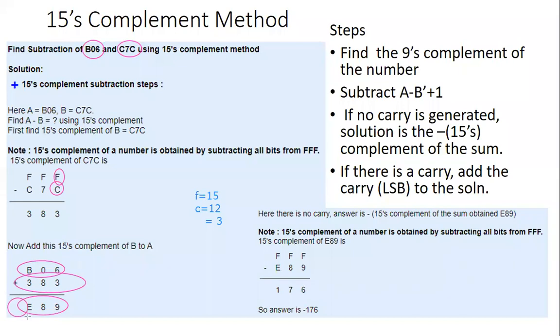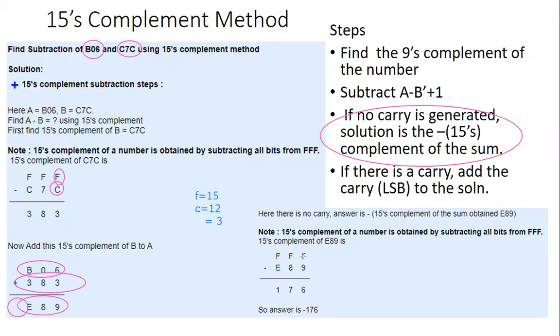You have to check for carry. Do I have a carry over here? No carry. If no carry is generated, the solution is the 15's complement of the sum with a negative sign. So I have to take the 15's complement of the sum. FFF minus E89.